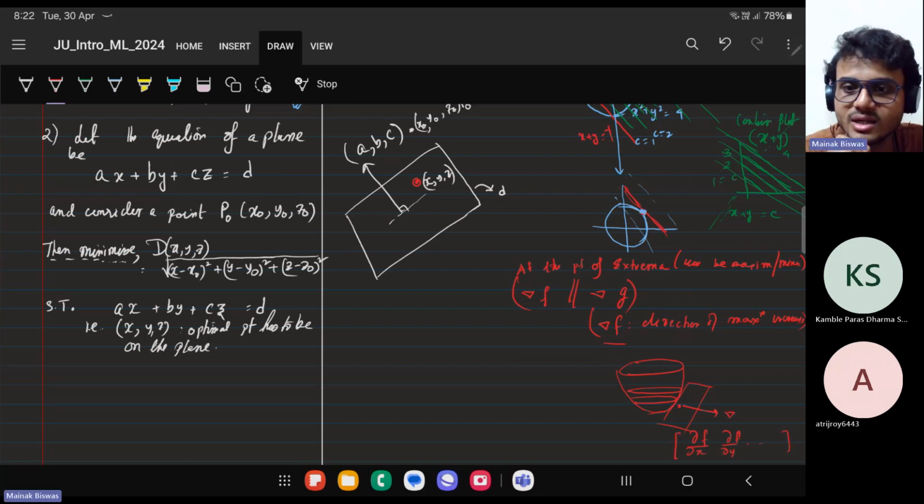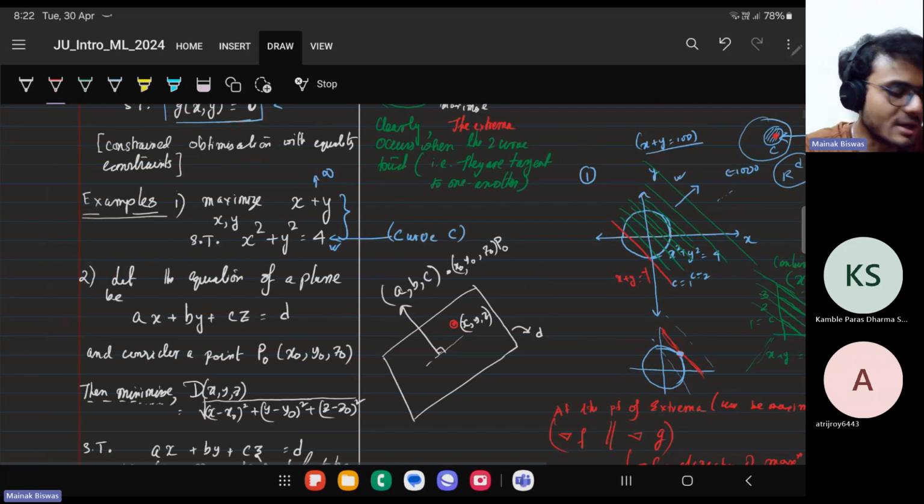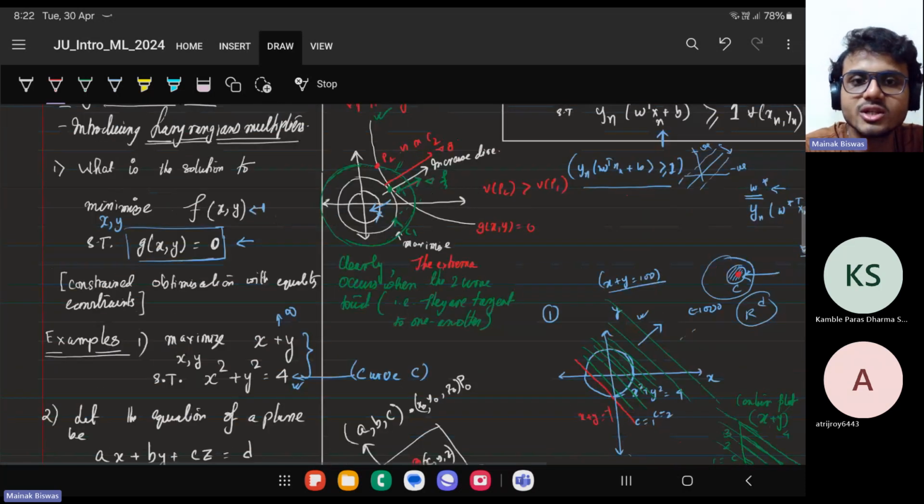All these are the directions along which the x and y coordinates increase maximally. So the direction along which the curve increases maximally is called the gradient direction, and in this contour it is perpendicular to the tangent that you can draw. Yes or no? That is exactly the tangent.